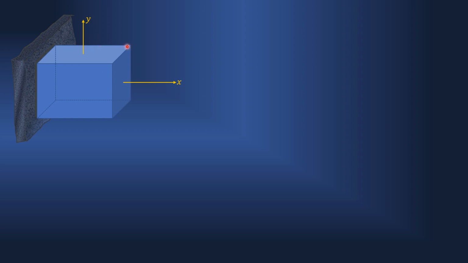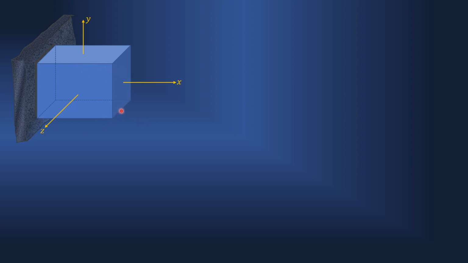Here it is the y-axis. So this surface is the y-plane or y-surface. The lowest surface, the bottom surface of the block, that is also a y-plane or y-surface. Now here it is the z-axis. So this surface which is on the front side, that is the Z plane or Z surface.